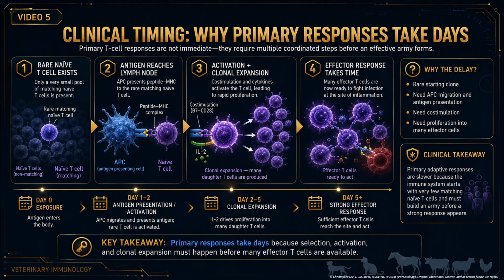Adaptive immunity brings specificity and power, but it has to go through selection, activation, and clonal expansion first. The takeaway message is primary response takes days because the immune system has to find the right clone, activate it properly, and expand into enough effector cells to fight.